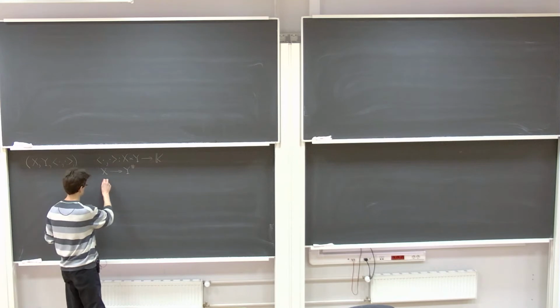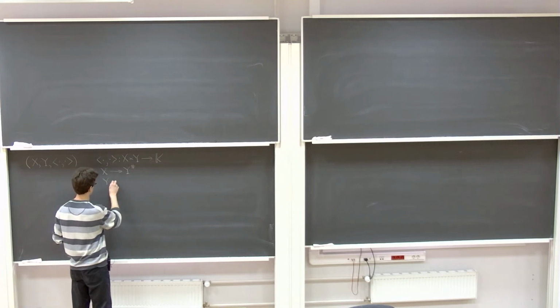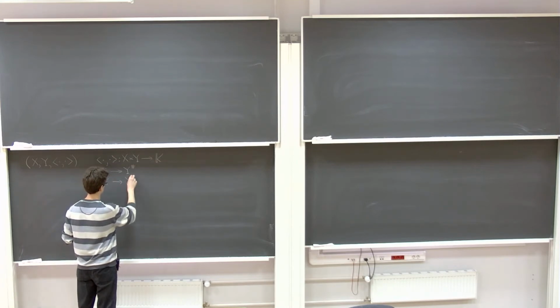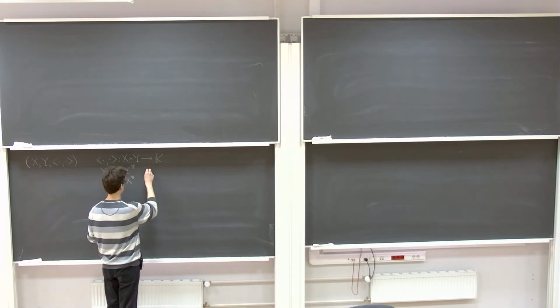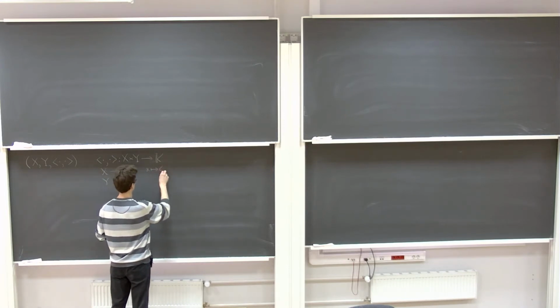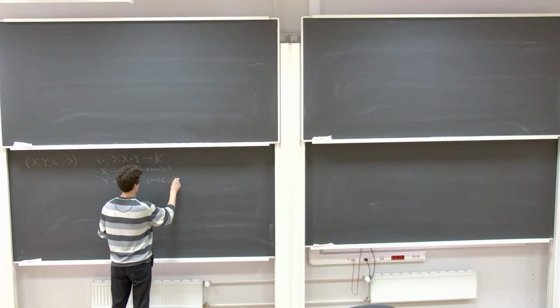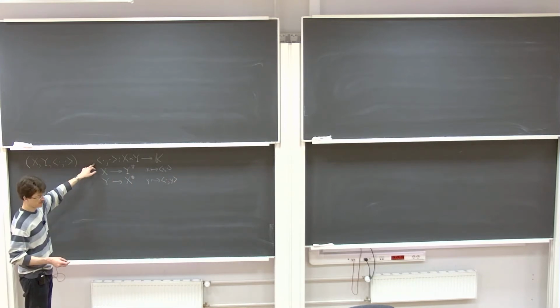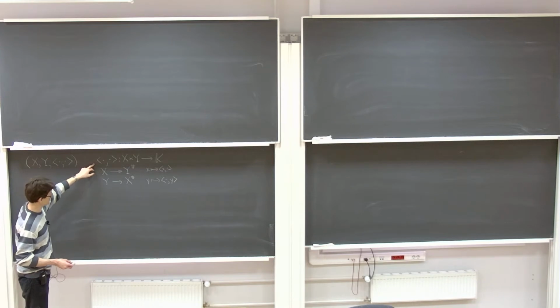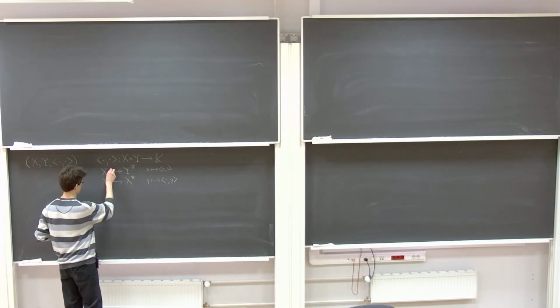And similarly, we have a map from Y to the algebraic dual of X. So both maps are induced by this bilinear form in the following way. And now the non-degeneracy condition for this bilinear form means precisely that these two maps are injective.